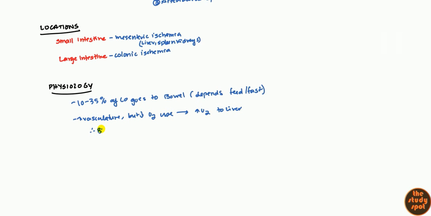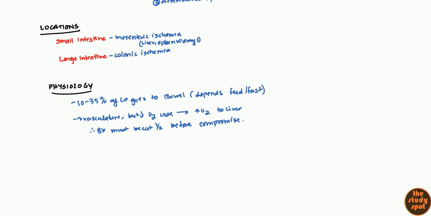And so this means that there's more oxygen remaining, and the blood goes to the liver via the portal system, because remember, the venous drainage goes all the way to the portal vein. And so whenever there is blood flow lost, about 50% of the blood flow must be compromised before you start to experience any problems.